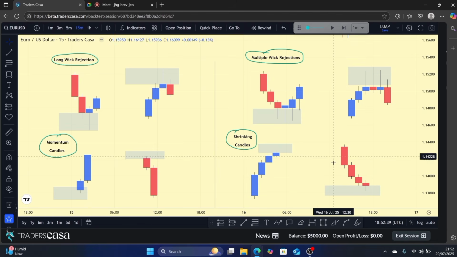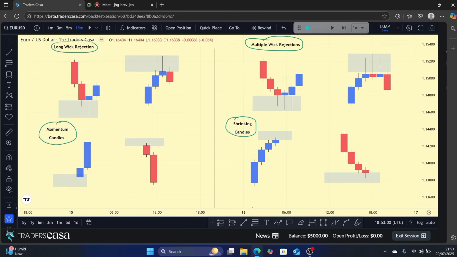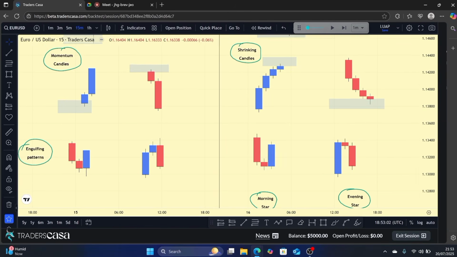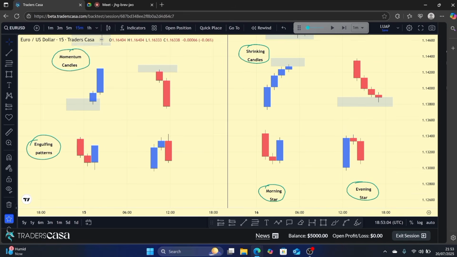So these candles are what we call the shrinking candles, showcasing that the selling momentum keeps on decreasing as price is approaching the demand zone. And that's where you wait for another confirmation, probably a long wick rejection or the ones that I'll be showcasing down here.